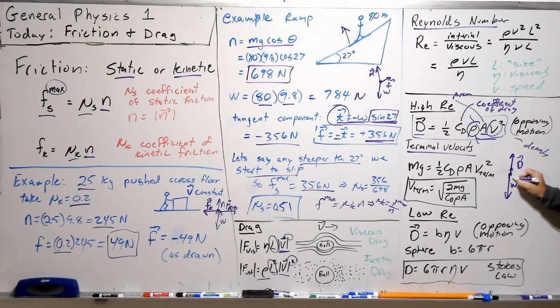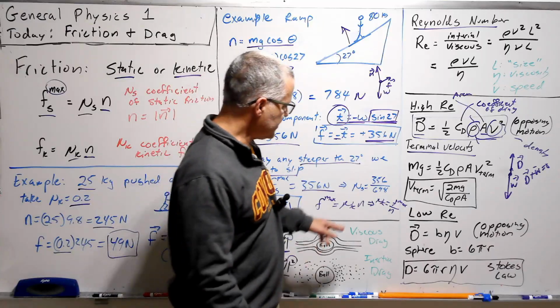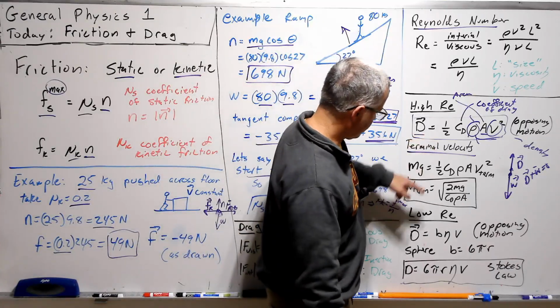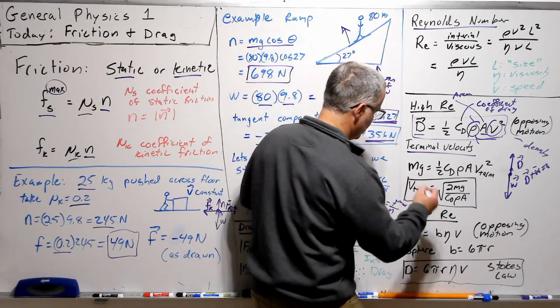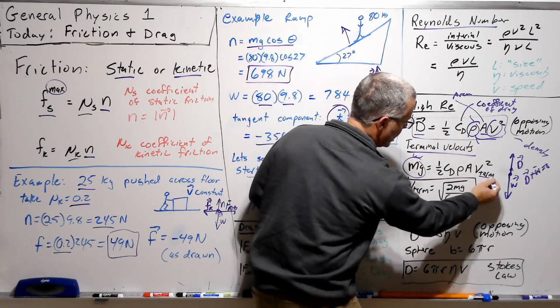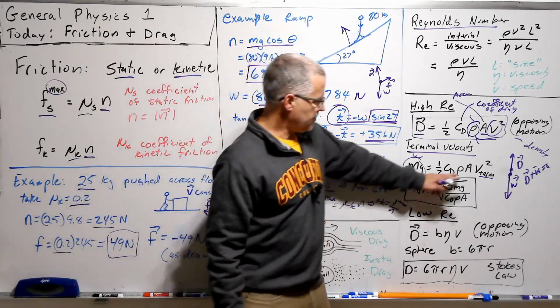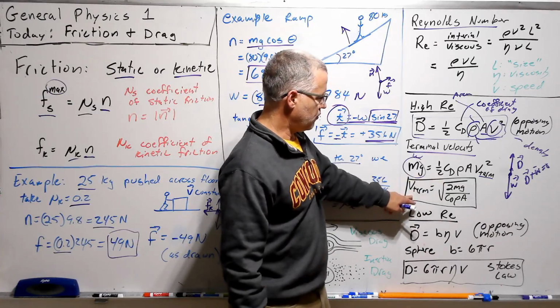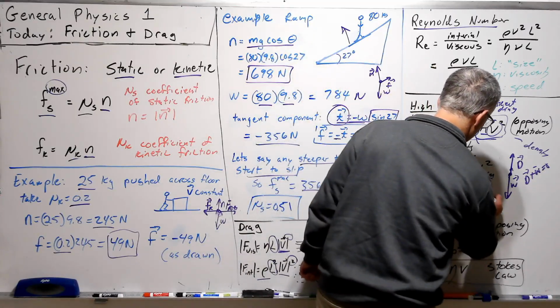That's when the drag plus the weight equals 0, so your drag is equal and opposite to the weight. So let's take our drag formula and set it equal to mg. Here's our weight term, and here's our drag term, and then we'll label that as a special velocity, the terminal velocity. Then we'll just simply solve this algebraically for terminal velocity. And so this is an equation for terminal velocity.